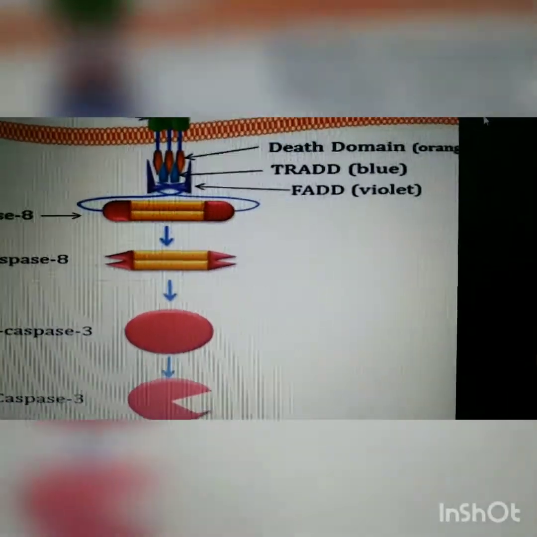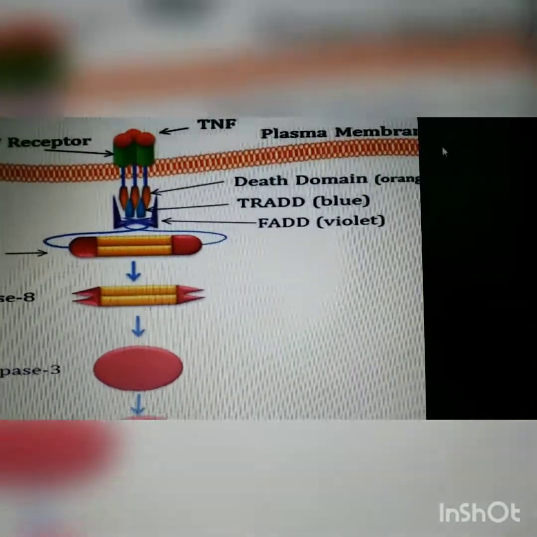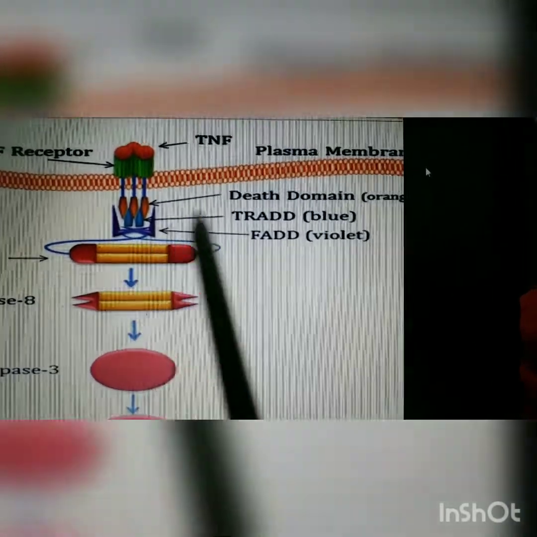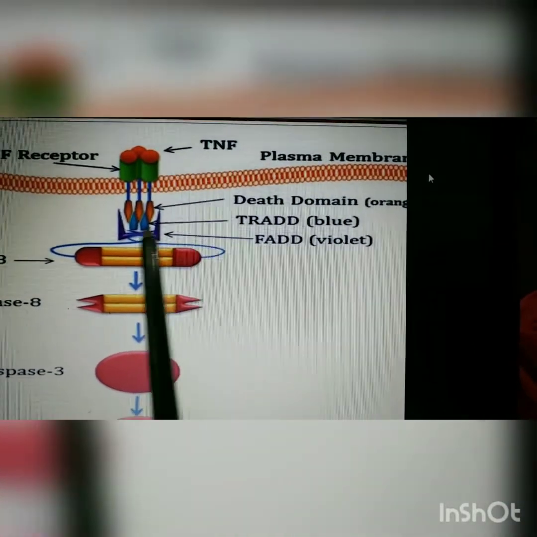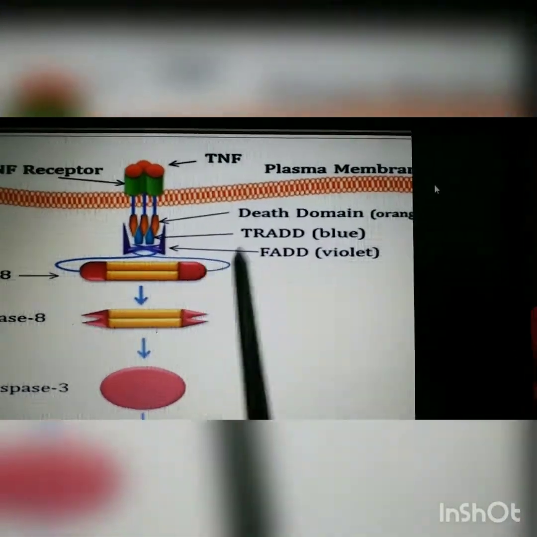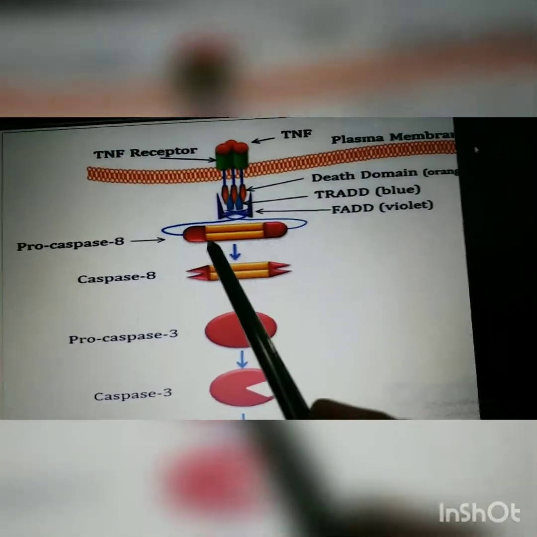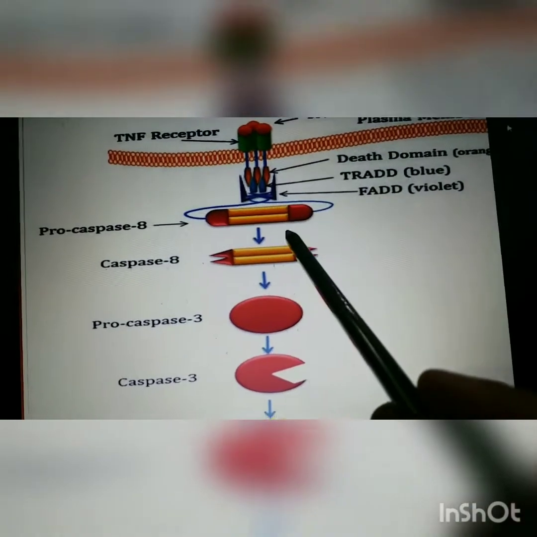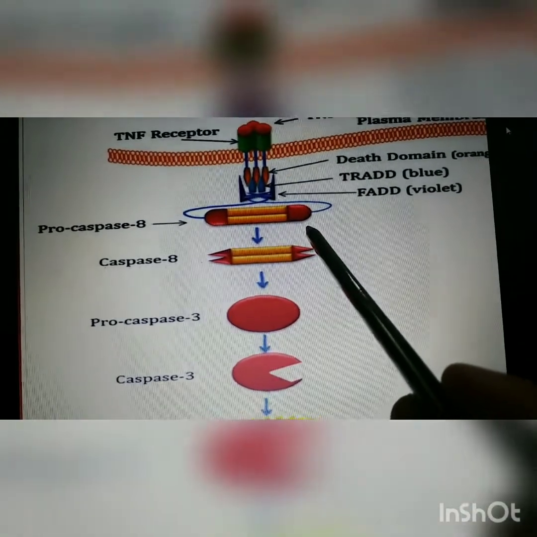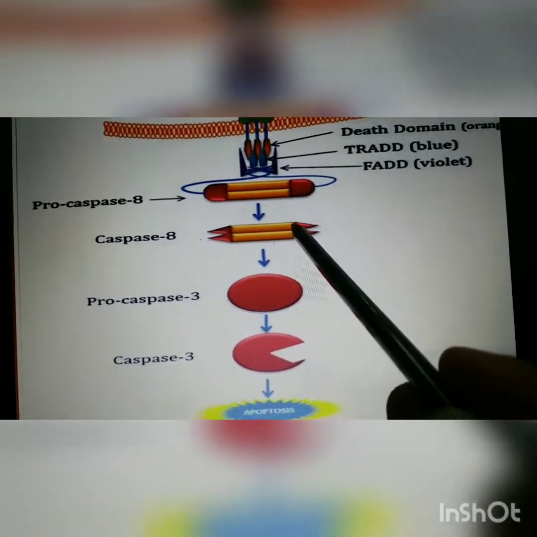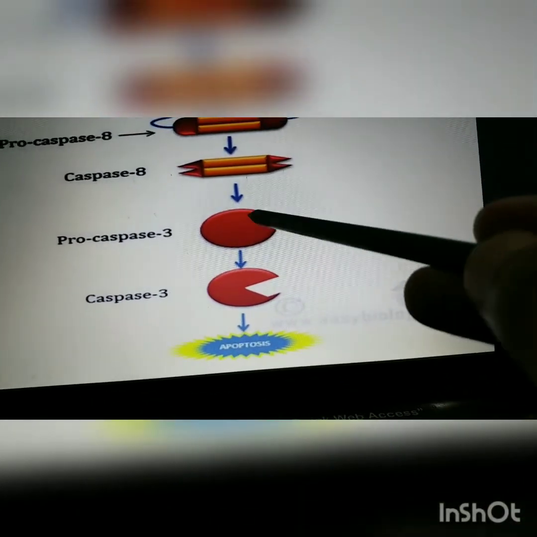After receiving it, a 70 amino acid death domain undergoes conformational changes and changes into the blue colored TRADD and FADD. This TRADD and FADD combine with pro-caspase 8 to form a multiple protein complex, and this changes into caspase 8, which changes pro-caspase 3 to caspase 3, and the result is apoptosis.